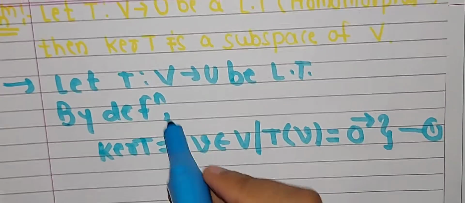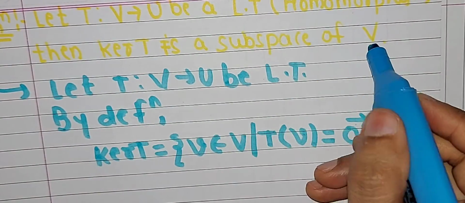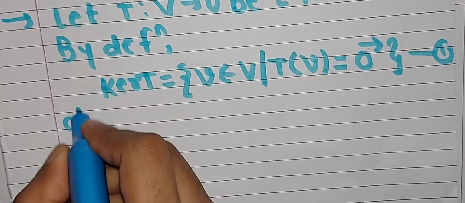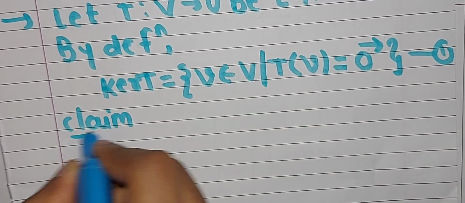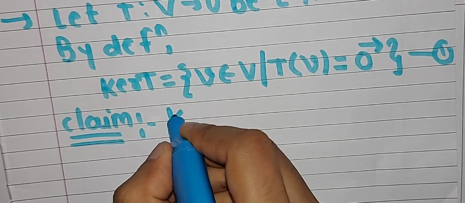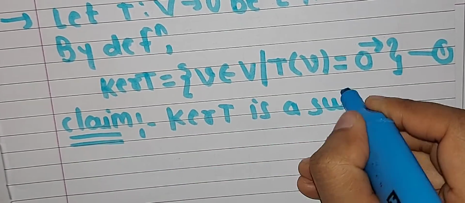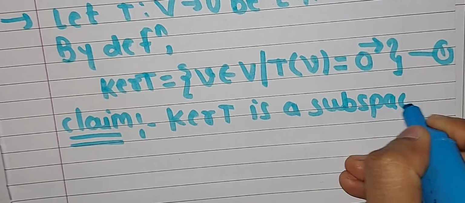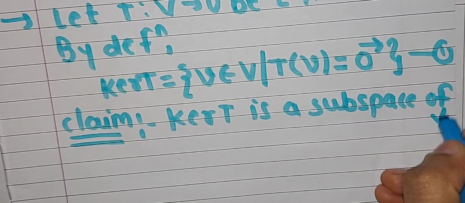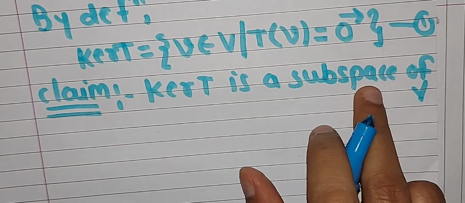Now we only have to prove that this kernel T is a subspace of V. So our claim is: kernel T is a subspace of V. Okay, so this is my claim. So what is a subspace?